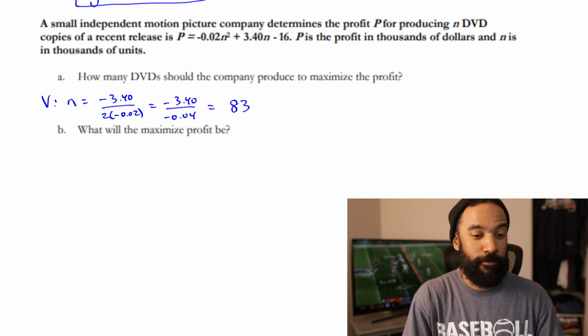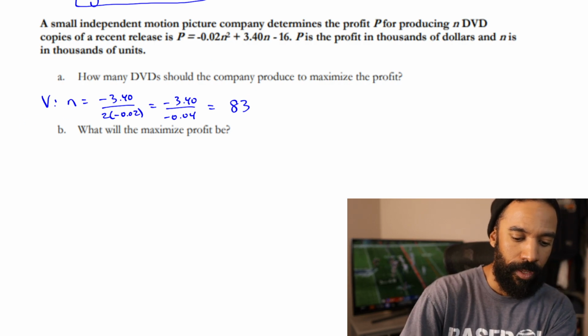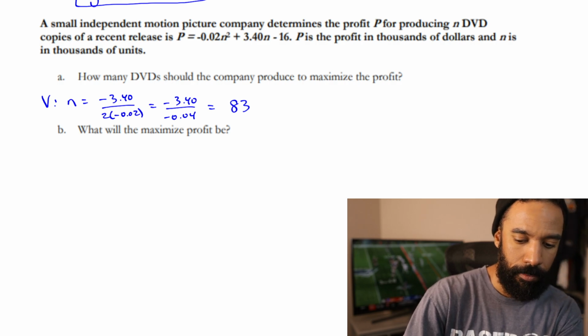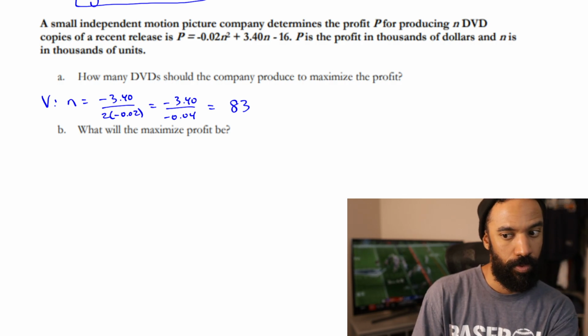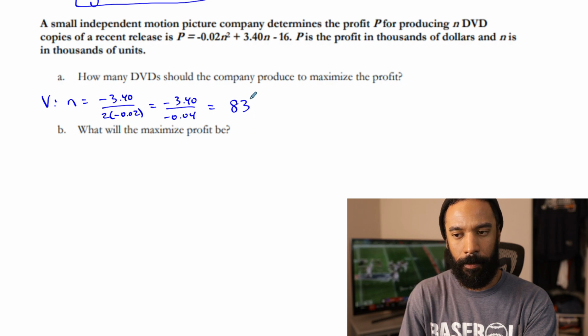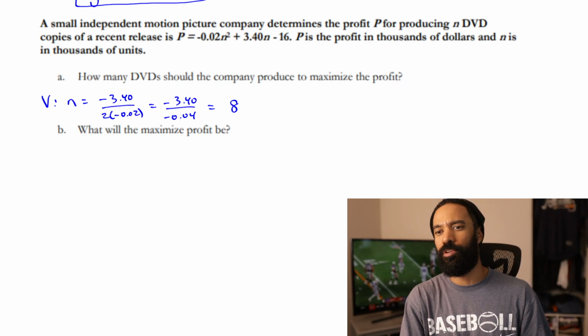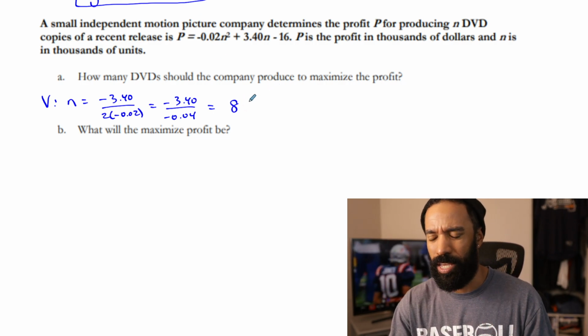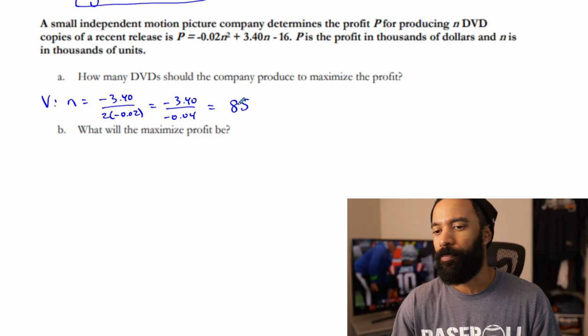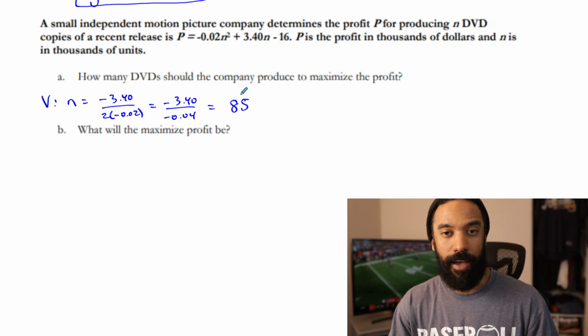I don't have, my phone's not even by me. Give me 1 second. 3.4 divided by 0.04. 85. Why did I say 83? Oh, I was doing 5 times 8, not 4 times 10. 85. Sorry about that. 85 is the N value of the vertex.